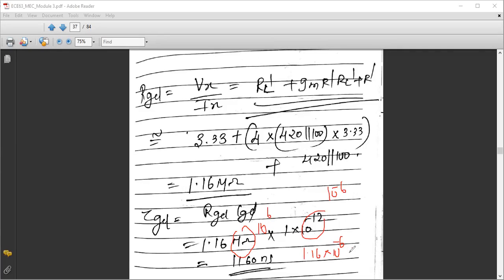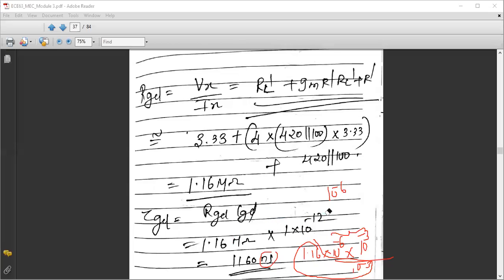Now you have to convert into nano. To convert into nano, I multiply with 10 to the power minus 3 and divide with 10 to the power minus 3. So 1.16 by 10 to the power minus 3 will become 1160, and the remaining can be considered our unit nano. So the answer is 1160 nanoseconds.